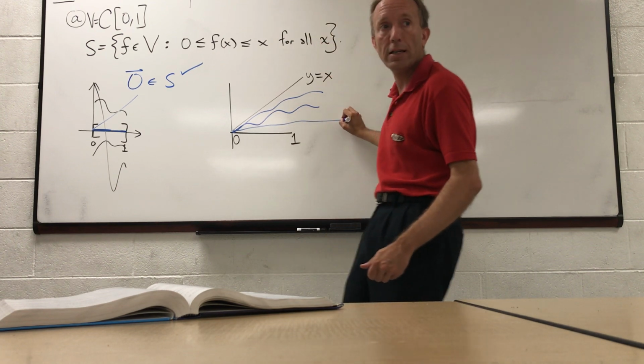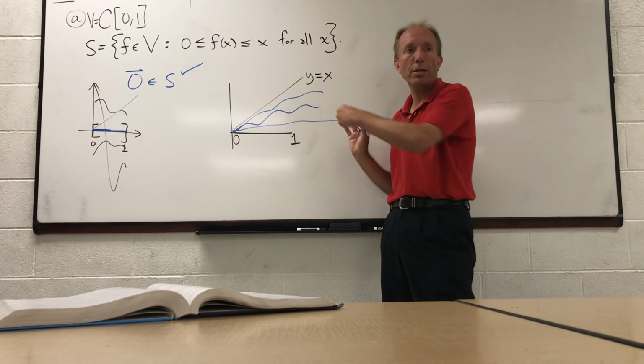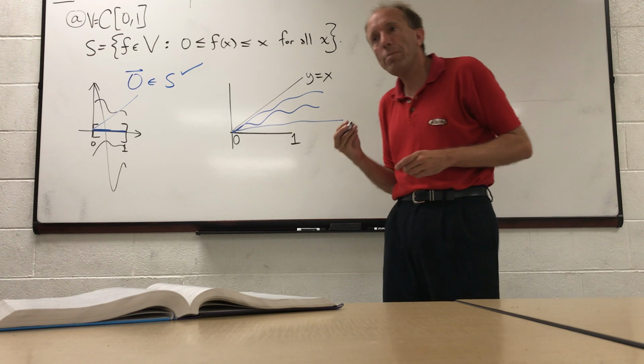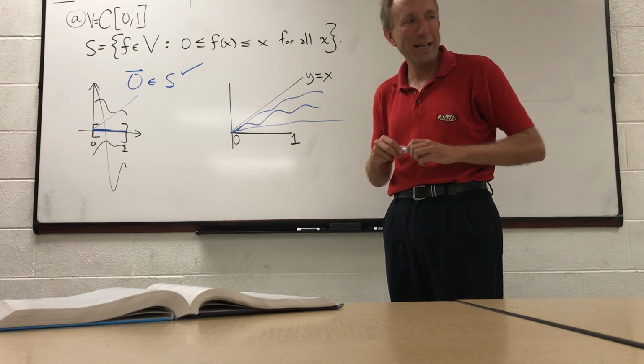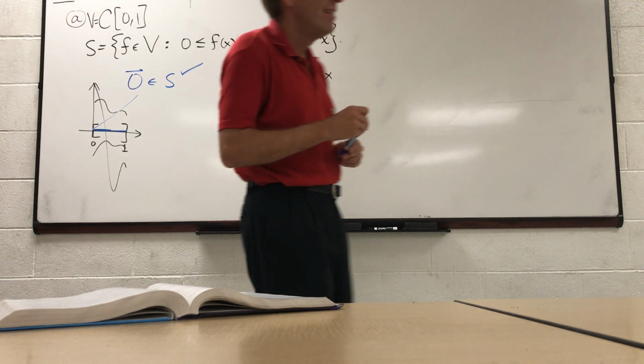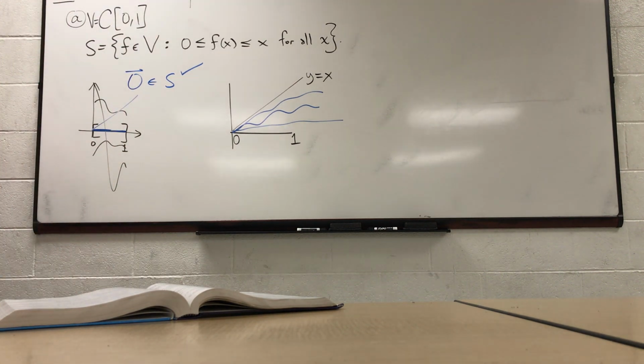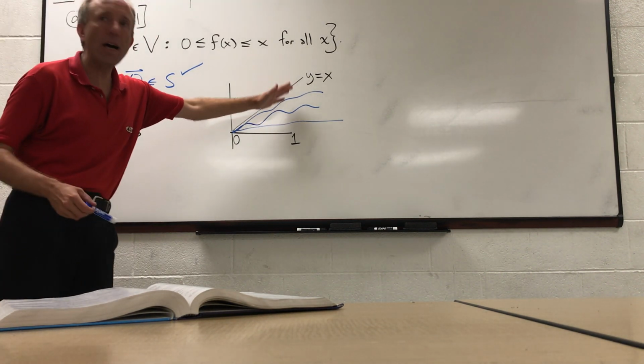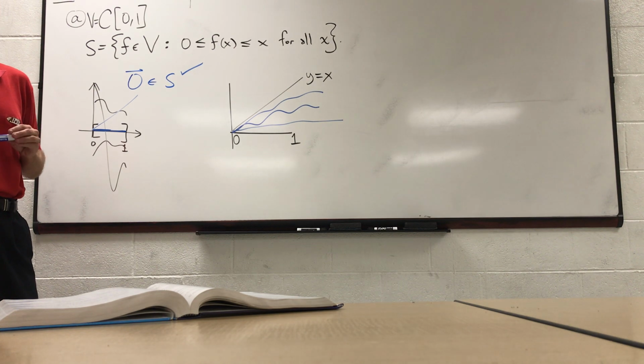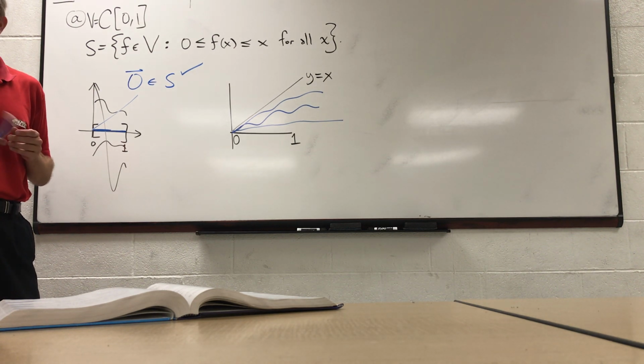They have to stay kind of sandwiched in there. And the question would be, if you took 2 of those and added them together, would the function stay under that line after you add them together? No. Don't think so. Okay.